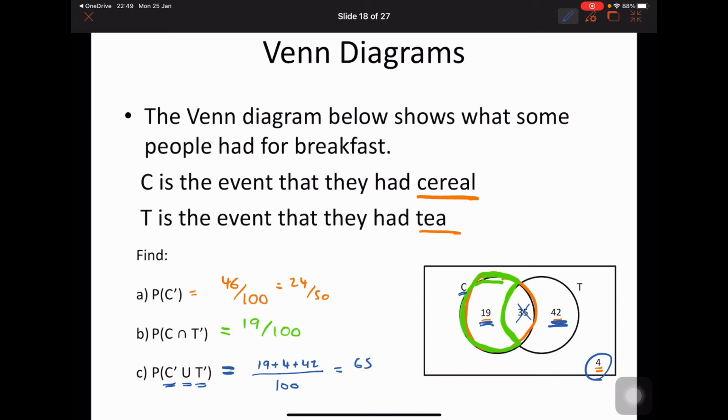I think that's correct. Did it in my head, 46. Yeah, I think that's right. We could simplify it as well.